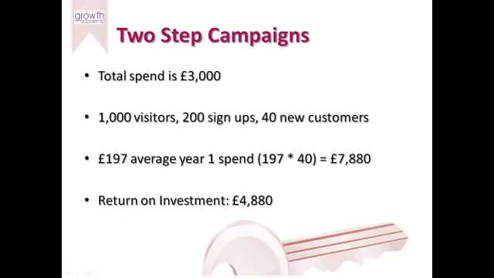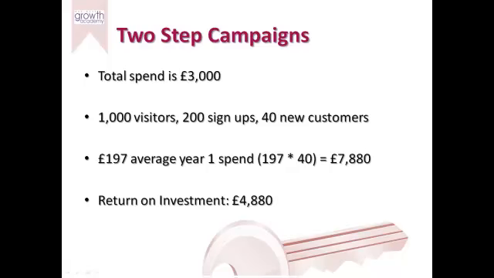Now, how do you measure return on investment? Total spend is £3,000: 1,000 clicks, £3 a click, £3,000. We get 200 sign-ups. We get 40 new customers. Let's say we know that on average those customers spend £197 in the first year.